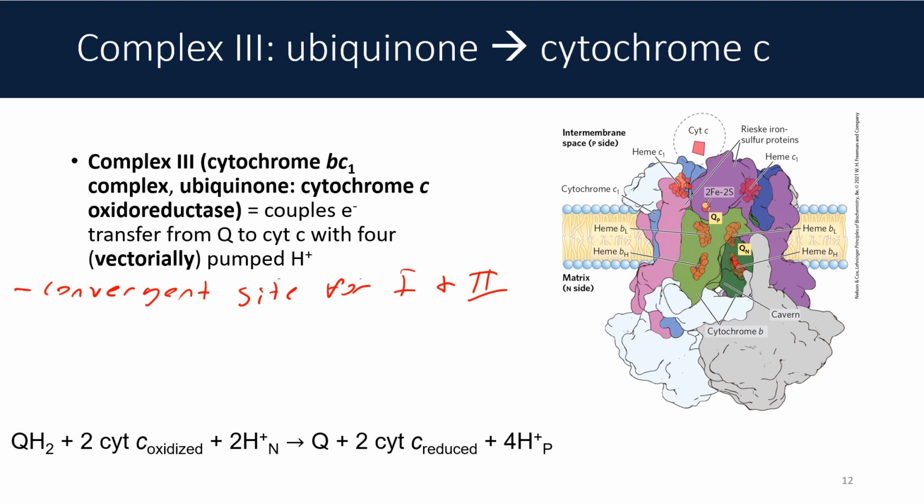And here we are going to transfer the electrons from Q onto a different mobile carrier called cytochrome C. Coenzyme Q is a small molecule that floats within this inner membrane. Cytochrome C is a small protein that likes to ride along the top of that inner membrane. And while we relay these electrons between these 2 carriers, we pump another 4 protons vectorially.